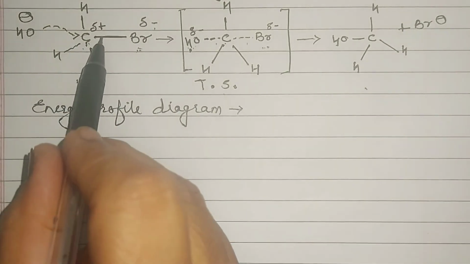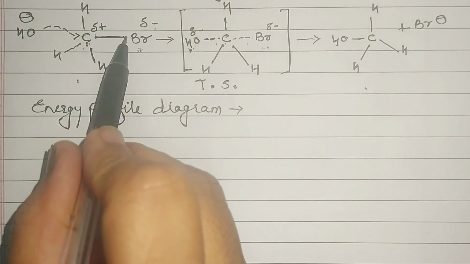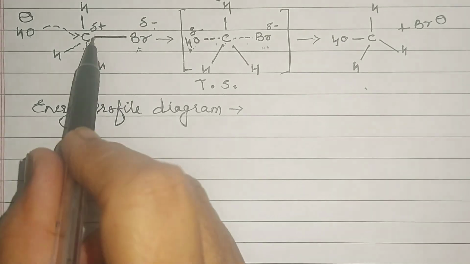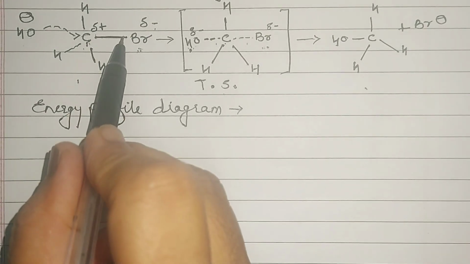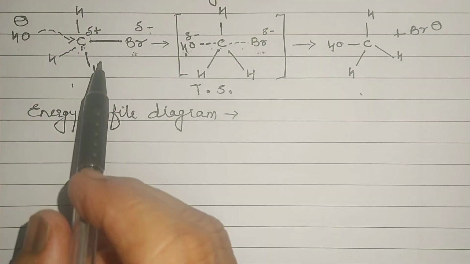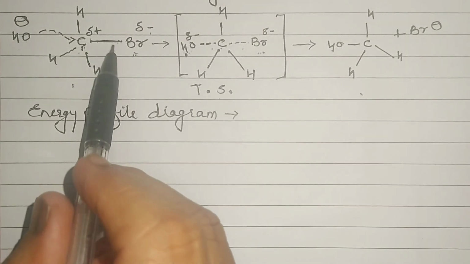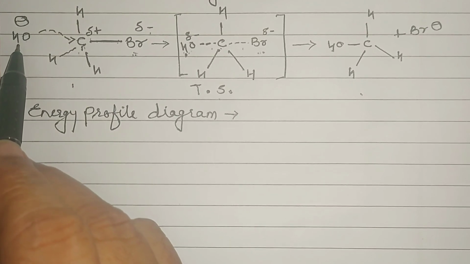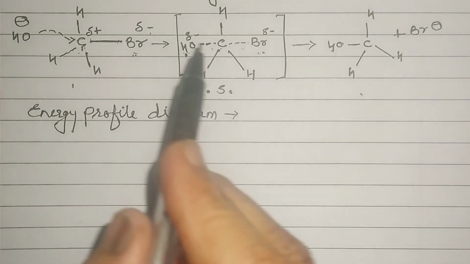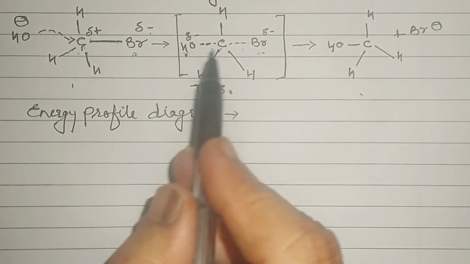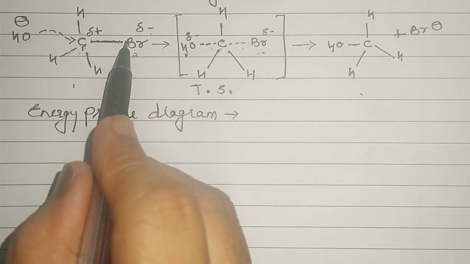The breaking of a bond requires energy. This energy required to break this bond is obtained from the making of the new bond. When this bond starts to form, energy is released, and this released energy is utilized to break the other bond.